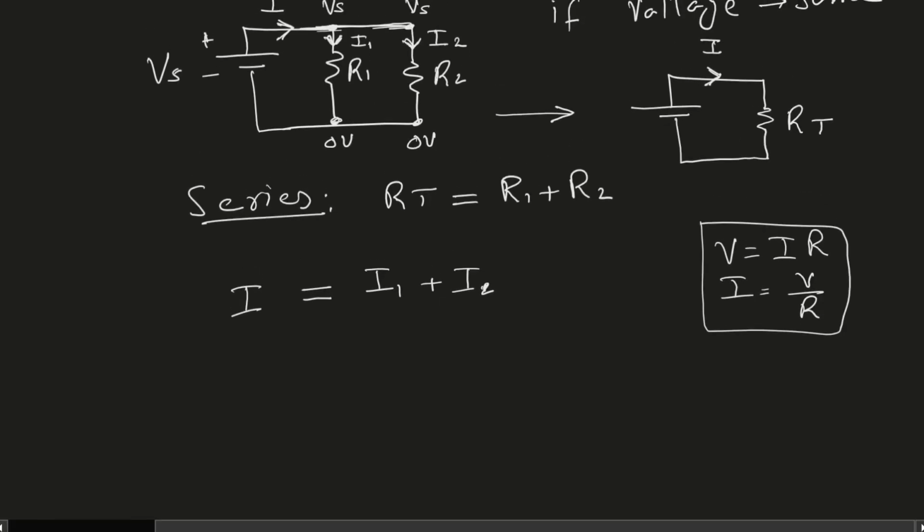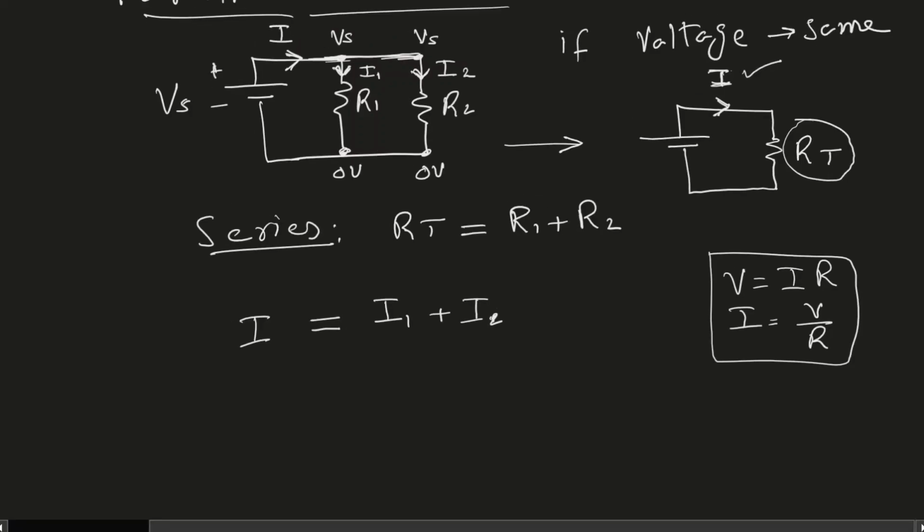Now I is the current that is provided by the supply, and the same current actually flows in the total resistance. I want you to understand that this current I and this current I are equal because this is an equivalent circuit. The circuit on the right is an equivalent representation of the circuit on the left. Therefore, these I's must be equal.